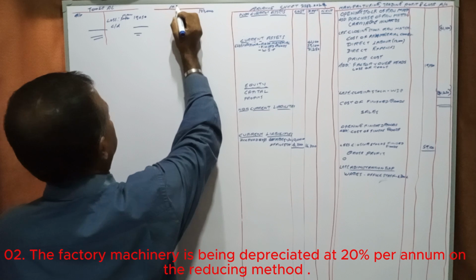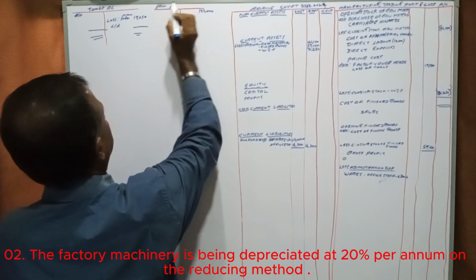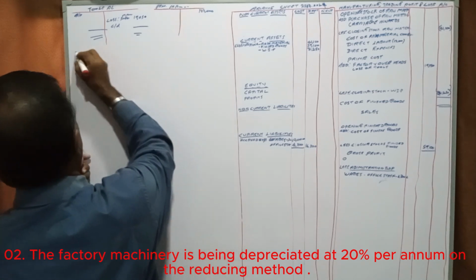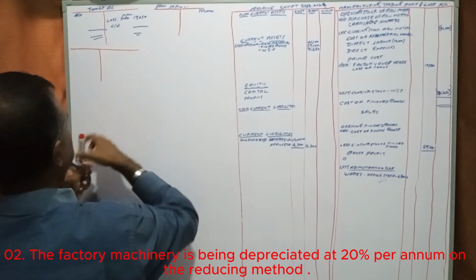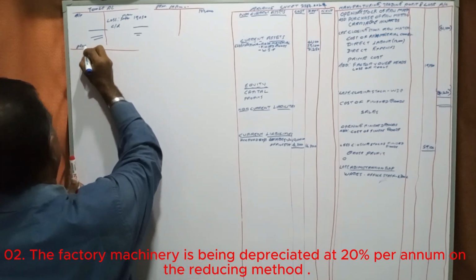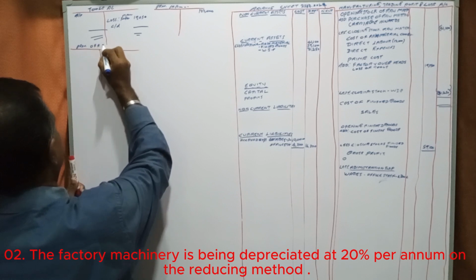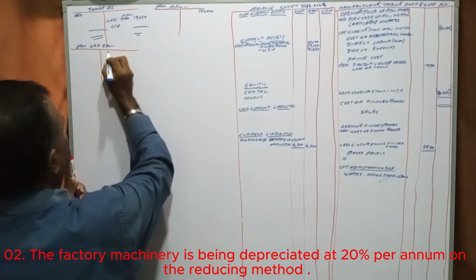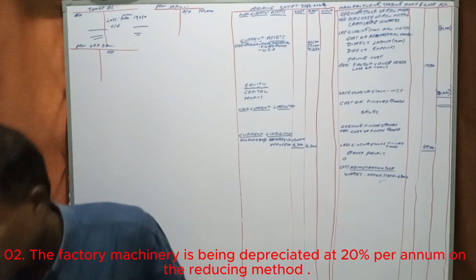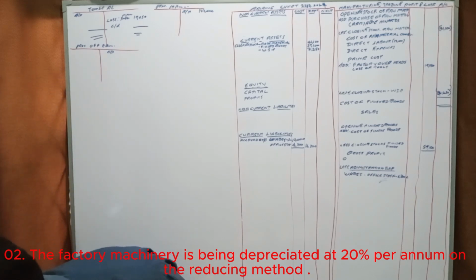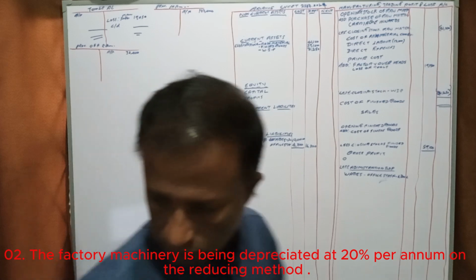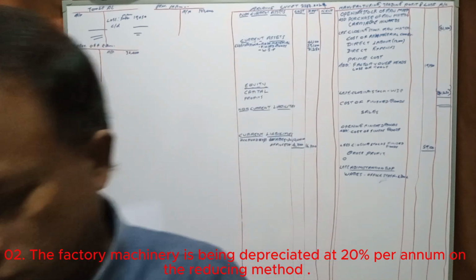Office equipment provision brought forward is 32,400.